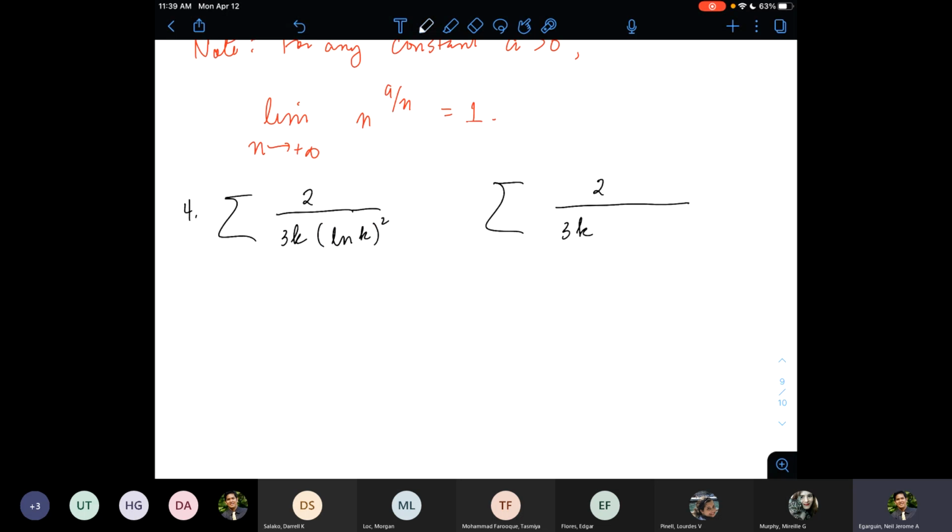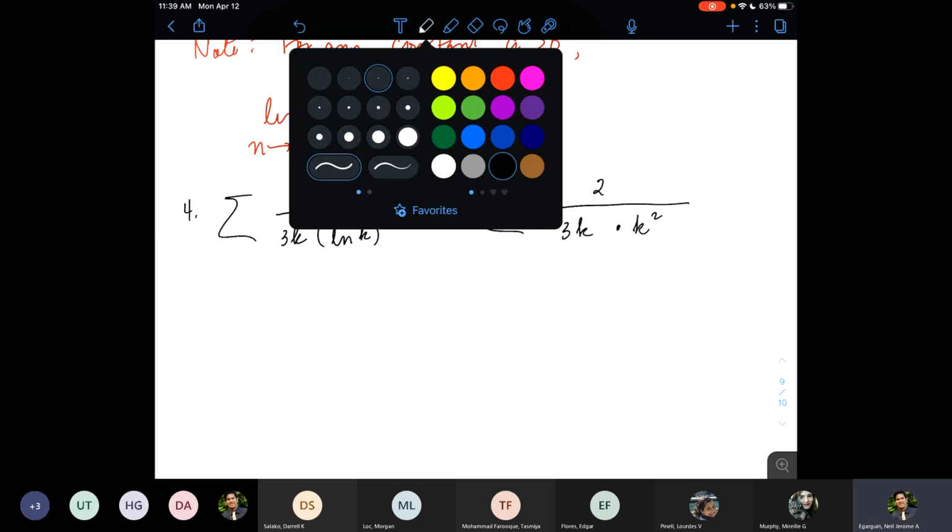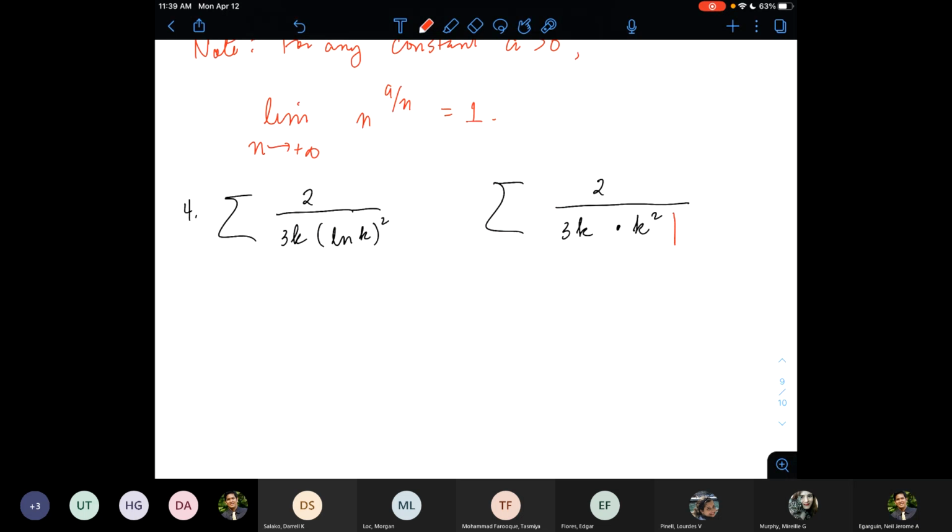So that means I can replace ln k by k, and this makes the denominator larger, right? So ln k is smaller than k squared. So the new denominator now is larger, thus the fraction is much smaller. So this guy is greater than or equal to.